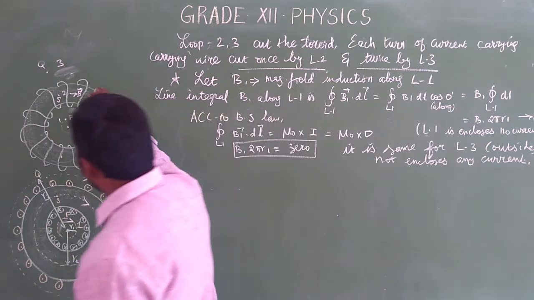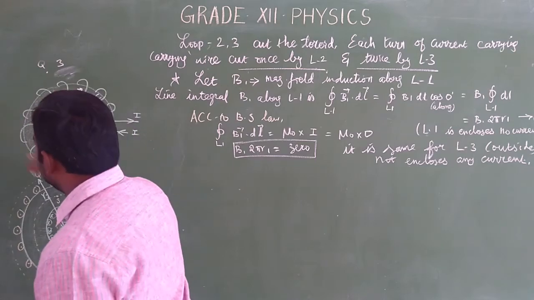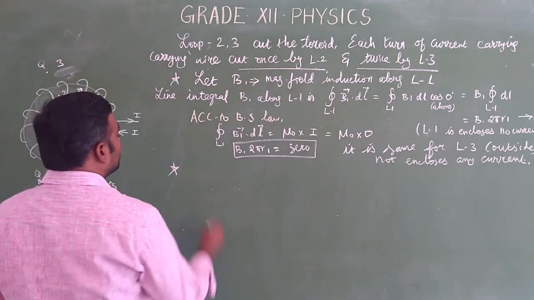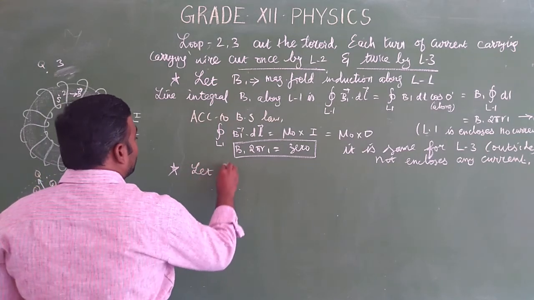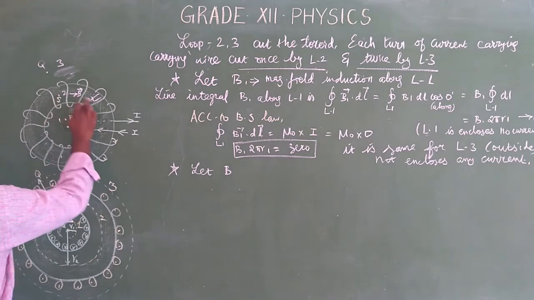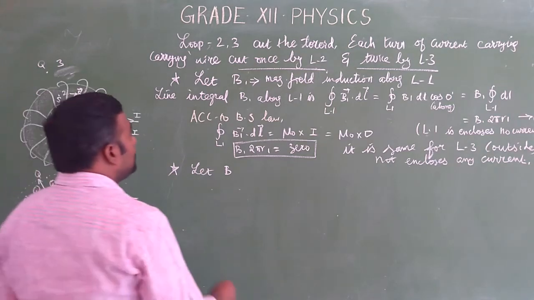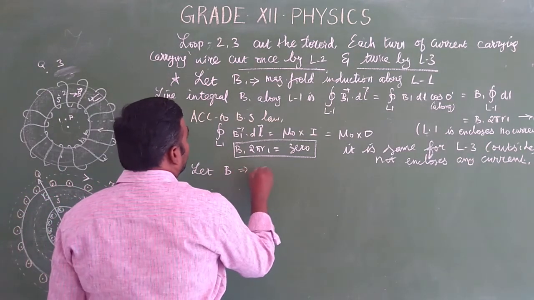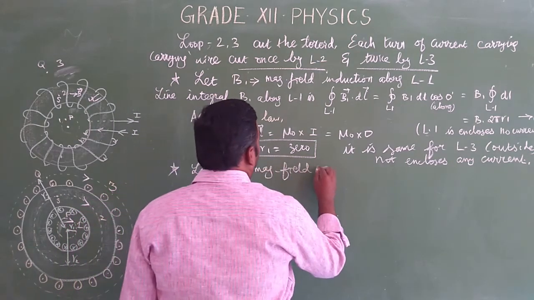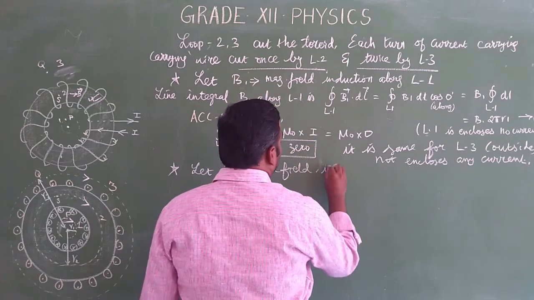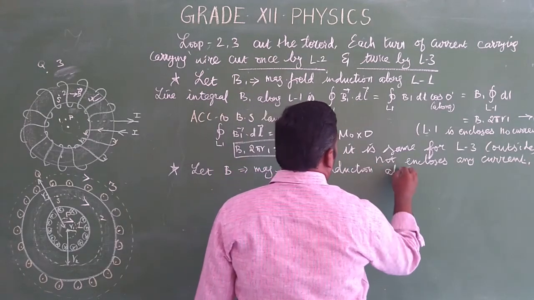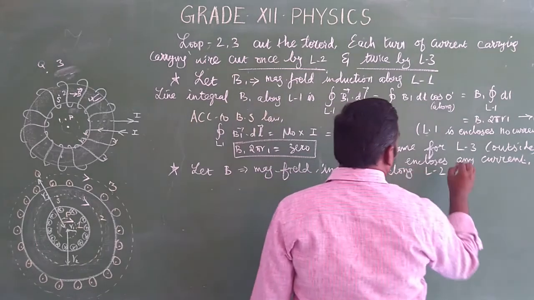But now we want to determine the magnetic field on the surface of the toroid. So on the surface of the toroid, the same process. Let B be the magnetic field induction on the surface, as I mentioned already, along loop 2.